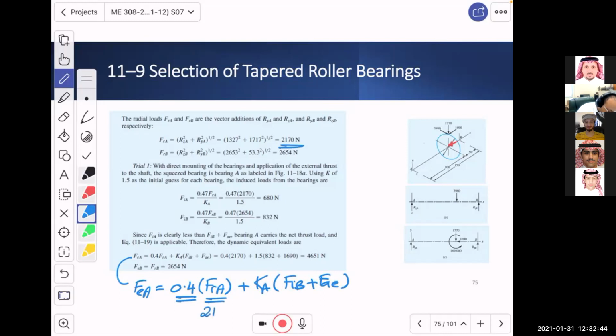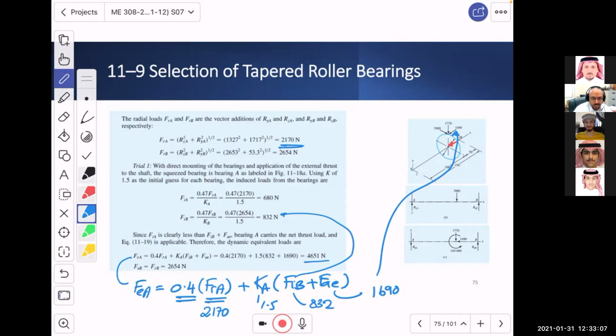So this is 2,170. This one, 1.5. This one is 832. And this one is 1,690, which is this value. And this one is this value. What do we get? We get 4,651. Now, what about this? The equivalent B will be only 2,645, as if B is only subjected to a radial load only.